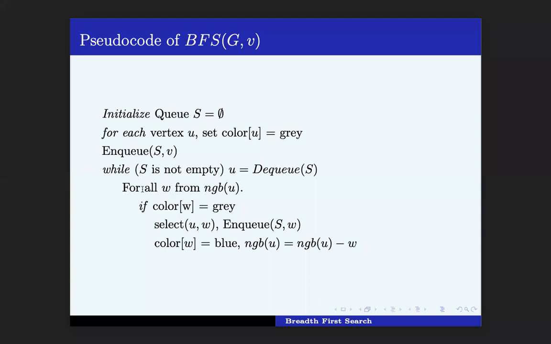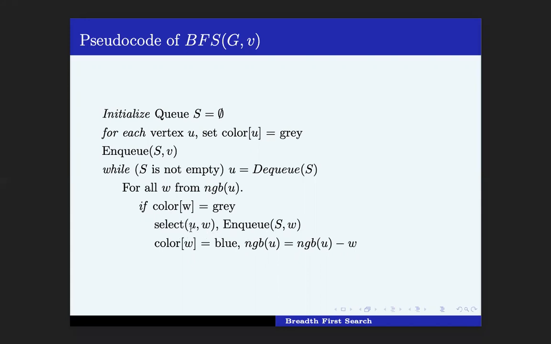Look at all the neighbors, for all W which are neighbors of U, one by one. You check if the color is gray, meaning it's not visited, then you do the two operations I told you. You enqueue, meaning you put it in the queue, and you select the edge UW.